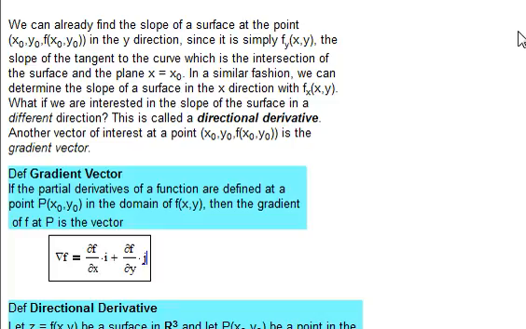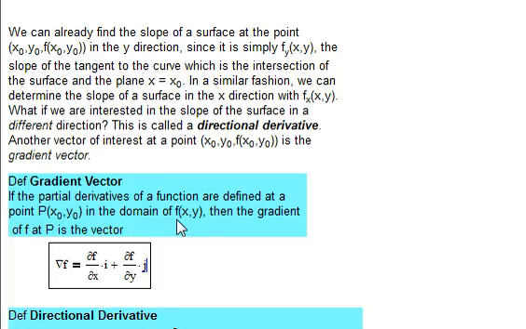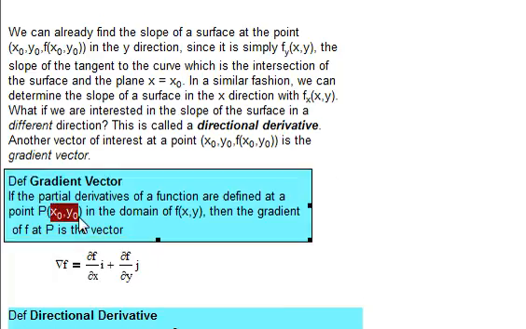Okay, what good is a gradient vector? Well, when you evaluate it at a particular point, it points in the direction where the surface is growing the fastest. And the opposite of this direction would be where it is getting smaller the fastest.